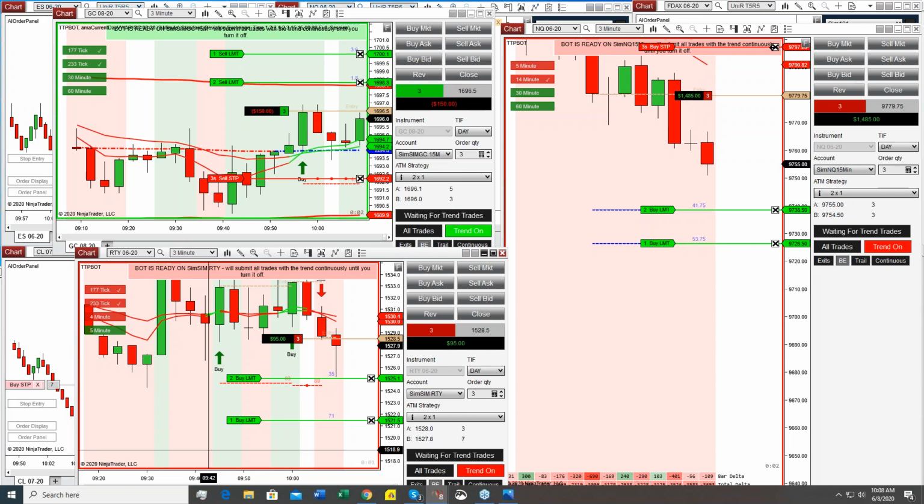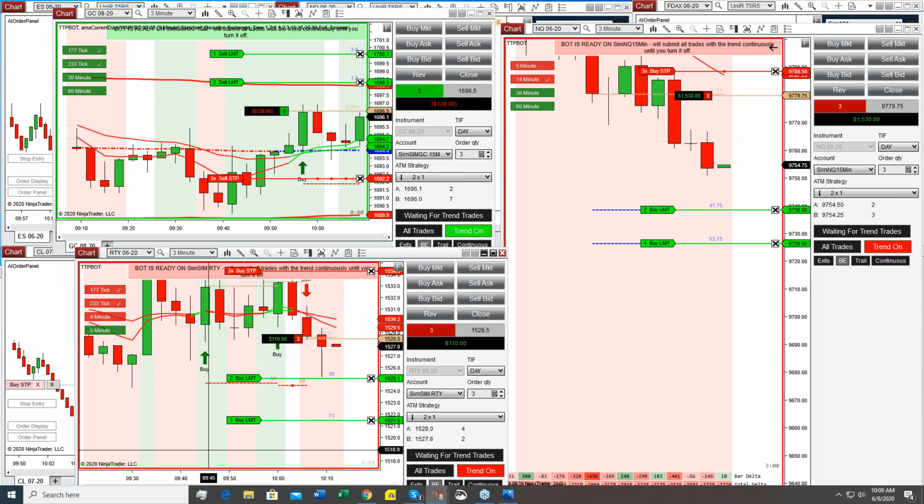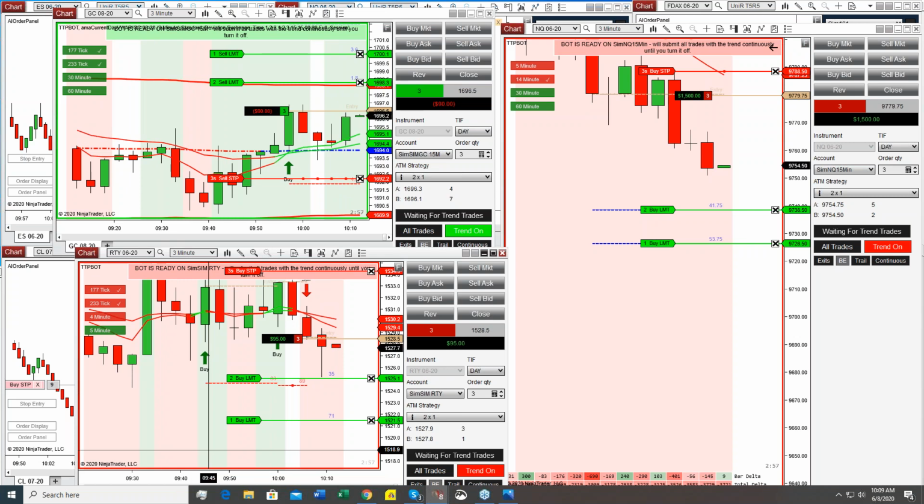NASDAQ's looking like it wants that first target at 41, 42 handles. Is there anybody short the NASDAQ on this 3 minute?